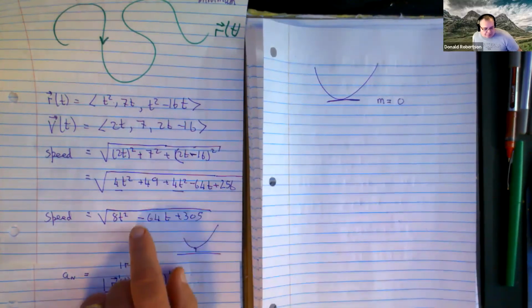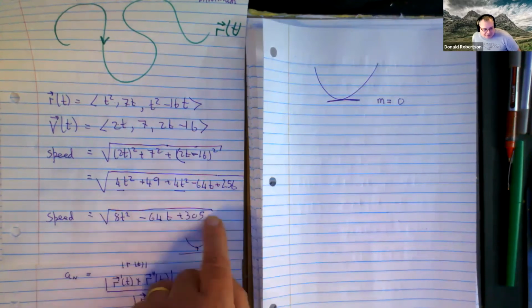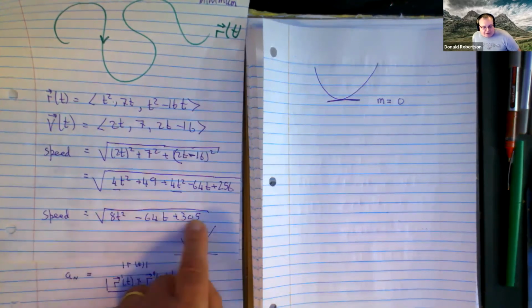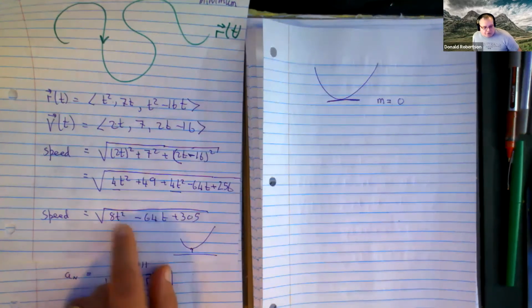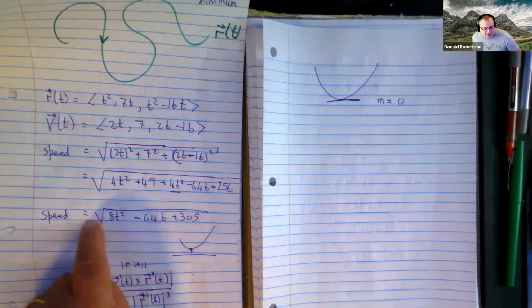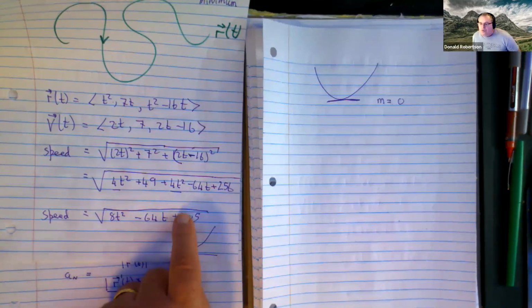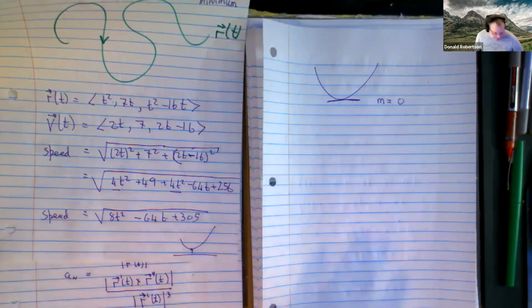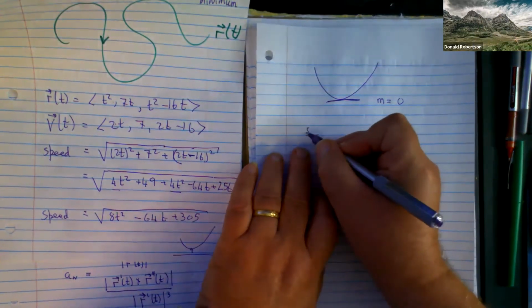So to solve this problem, for what value of t is this function going to be at its minimum? We are going to find when the derivative is 0. So we're not going to find out when the guy inside here is 0. We're going to find out when the derivative of this thing is 0. It's not quite the same thing. So let's call it f of t.